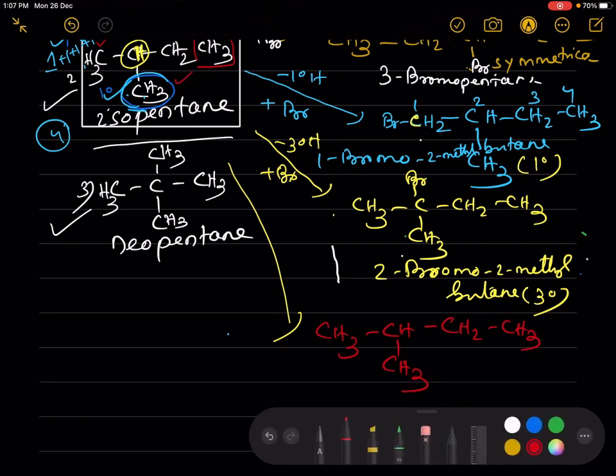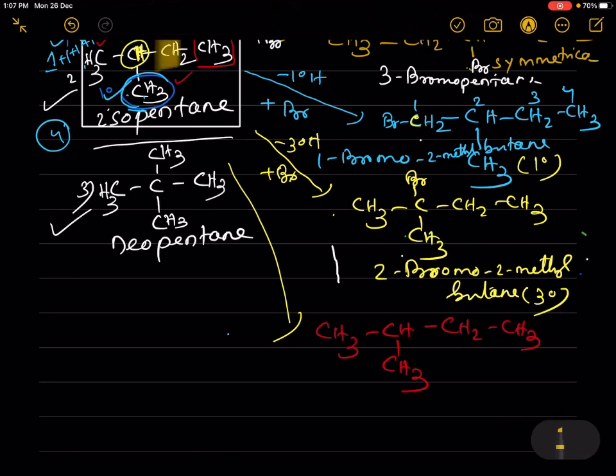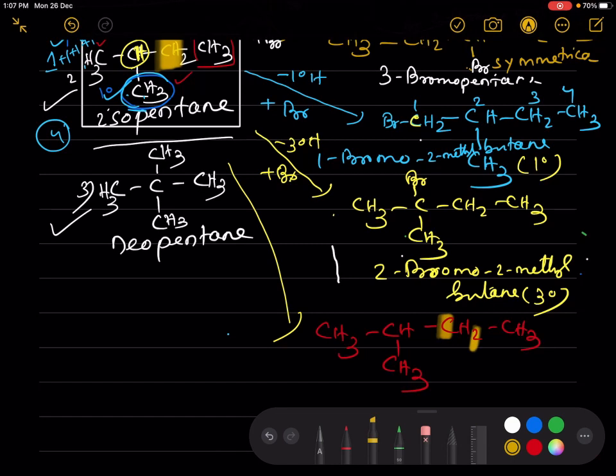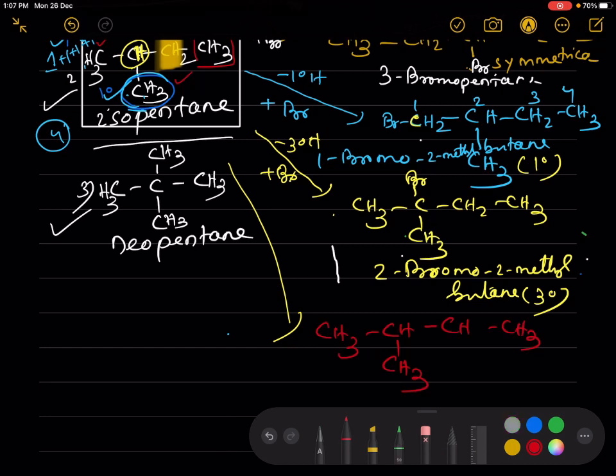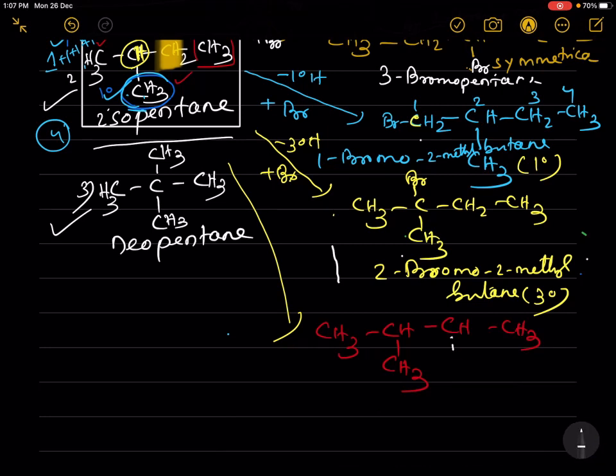I have to remove a hydrogen atom from this carbon, means this one. So this H will be removed. When this H is removed, a bond will be drawn over here, and a bromine atom is substituted for that hydrogen atom. Just remove a secondary hydrogen atom. This is a secondary hydrogen atom, and a bromine atom substitutes that secondary hydrogen atom. So you are getting the structure like this.